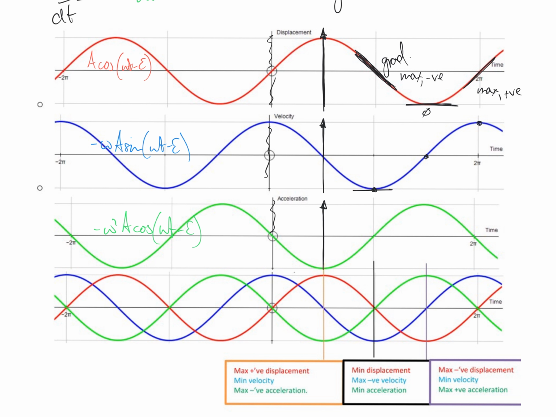The gradient here is 0, which is perfect there. This is a maximum positive, which is that point there. This is a maximum negative. Sorry, the previous one. That's 0, hence that's there. So I hope you can see how these graphs here are exactly those equations. And of course this is how it's all put together.